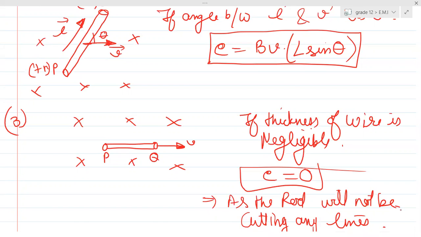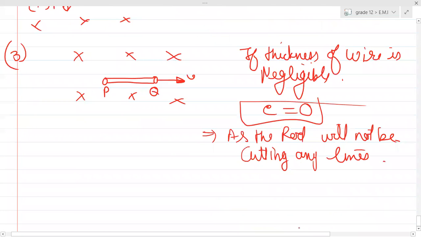Shall we start doing some more questions on this? Now you understood, but please remember this is only for a uniform rod in a uniform magnetic field. What will happen if the field is not uniform?